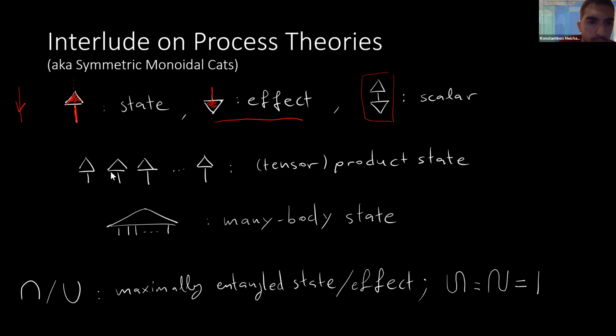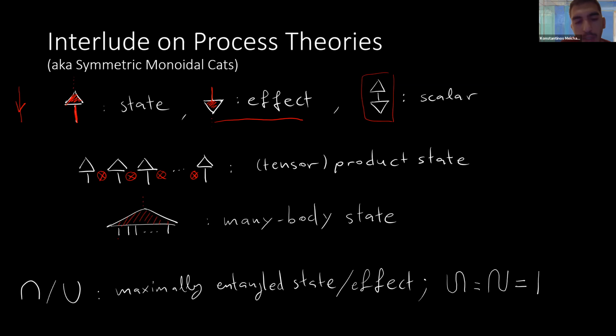Putting a lot of states together, we call it a product state. If you put them like this side by side together, you have to imagine that there's a tensor product between these vectors. So this is what we call also in quantum theory a product state or a classical state. In general, a many-body state will be, as you would intuitively expect, a big triangle with nothing coming in and a lot of wires coming out.